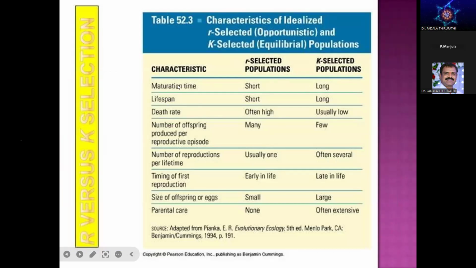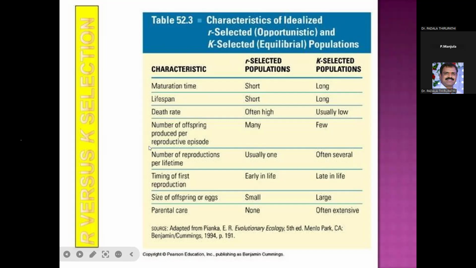Generally, maturation time is short for r selected populations and long for K selected populations. Lifespan is short in r selected species, whereas it is long for K selected species. Death rate is often high in r selected species, whereas it is low in K selected species.